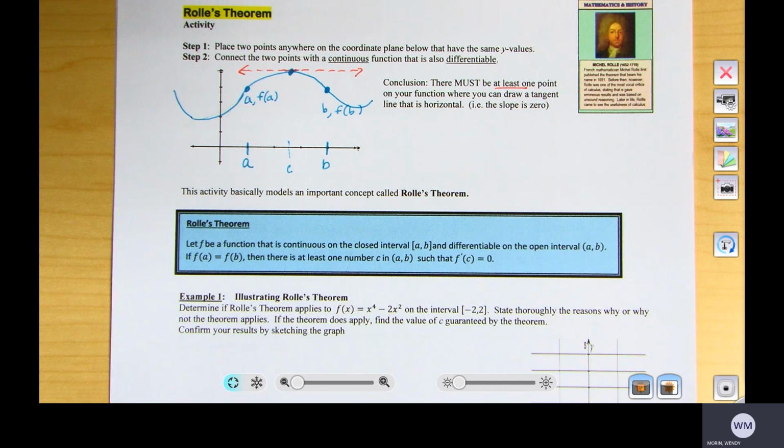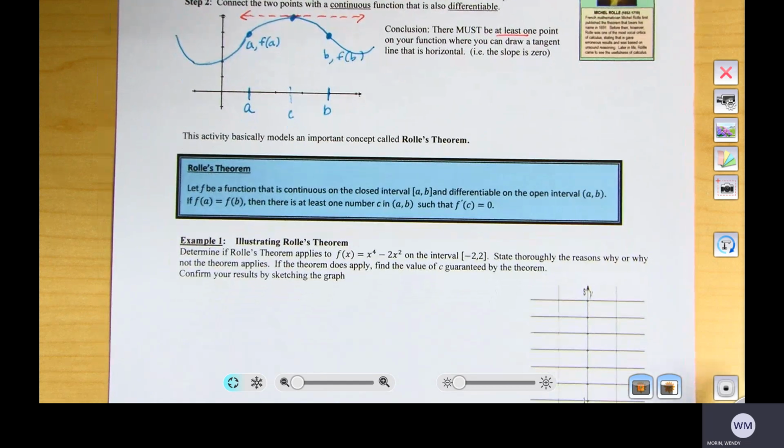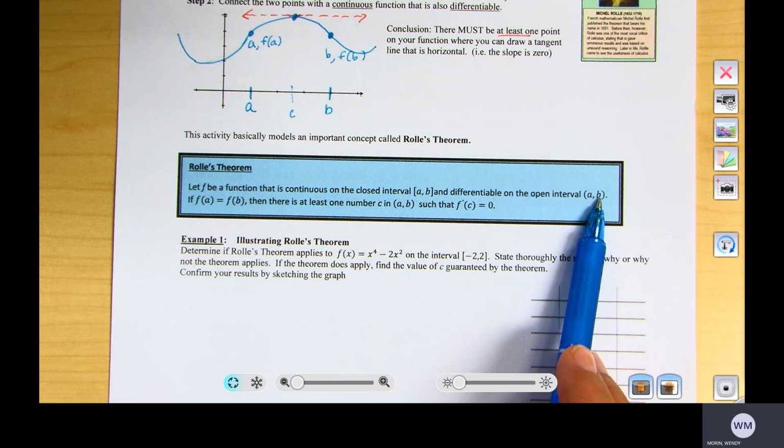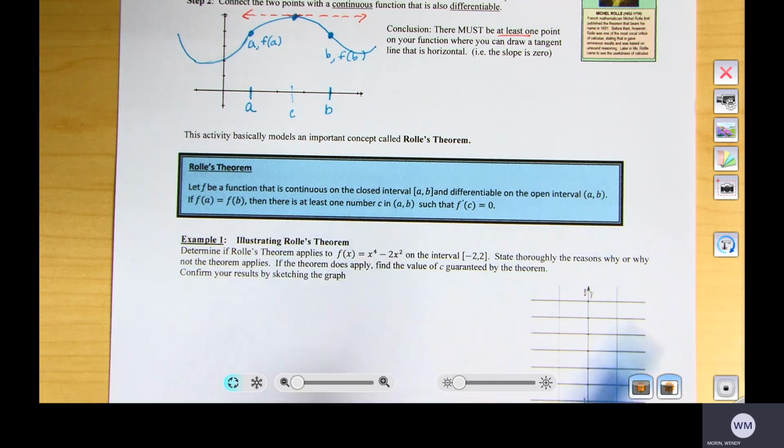So keep that in mind. But if a function is differentiable on an open interval, it is continuous on the closed.